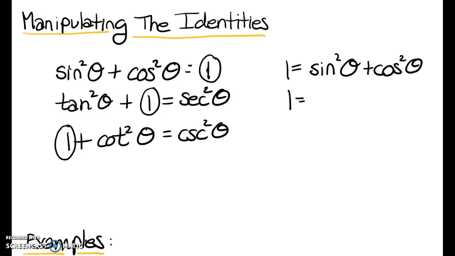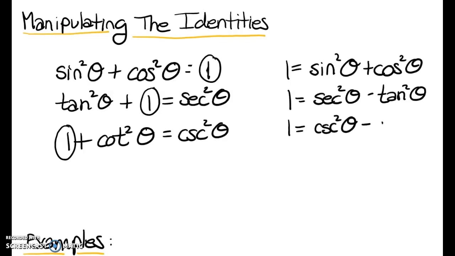Here, if I solve for 1, I get secant squared theta minus tangent squared theta, and in this one I get 1 equals cosecant squared theta minus cotangent squared theta.